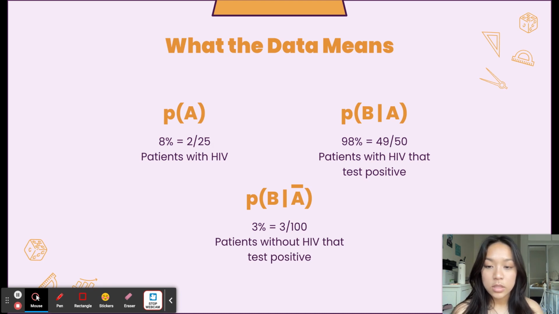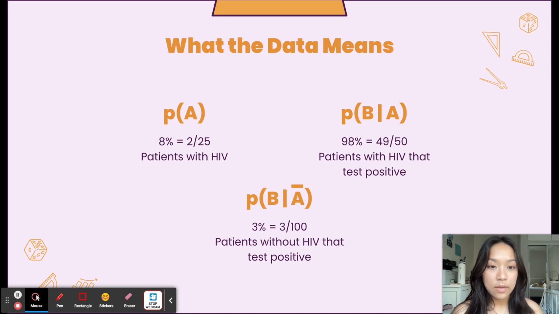So A just represents the patients that do have HIV. That has nothing to do with whether they tested positive or negative. It just means that they do in fact have HIV. And among those patients, we did see that there were 8% of them that had the disease. And then another piece of data that they gave us were the patients with HIV that test positive.